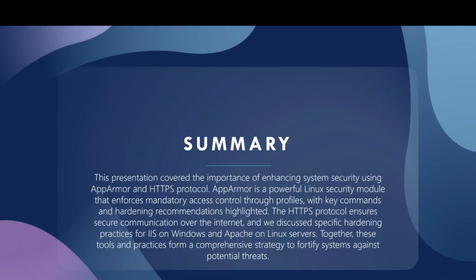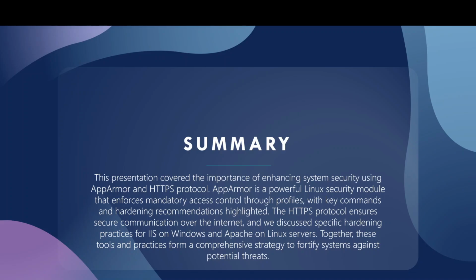For the summary, this presentation covered the importance of enhancing system security using AppArmor and the HTTPS protocol. AppArmor is a powerful Linux security module that enforces mandatory access control through profiles, with key commands and hardening recommendations highlighted.